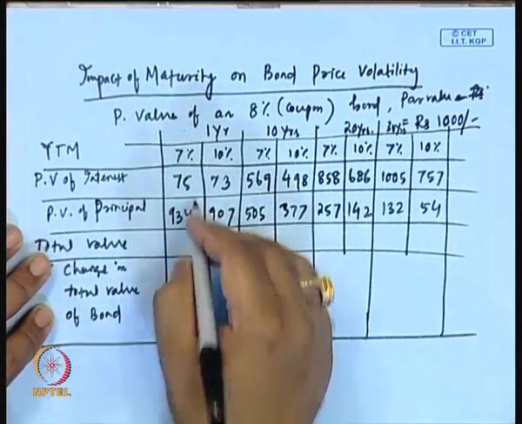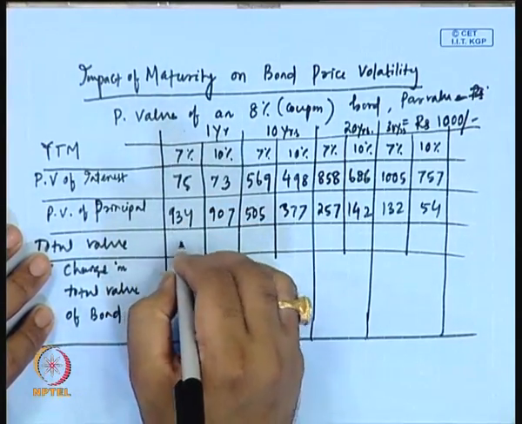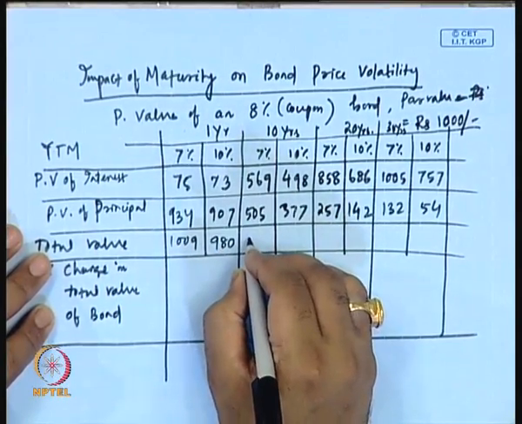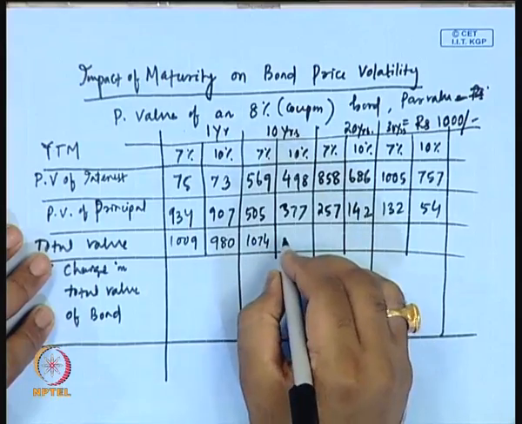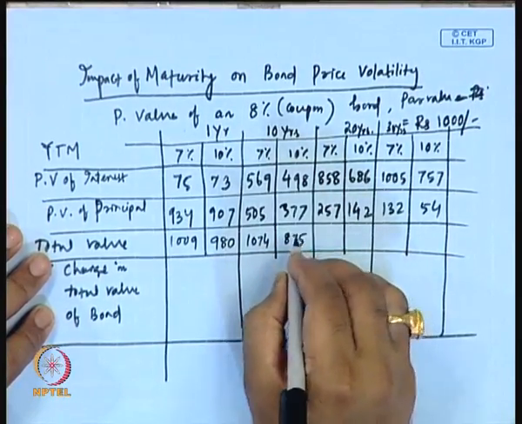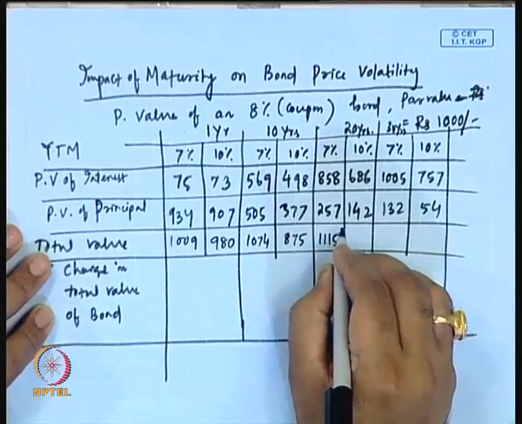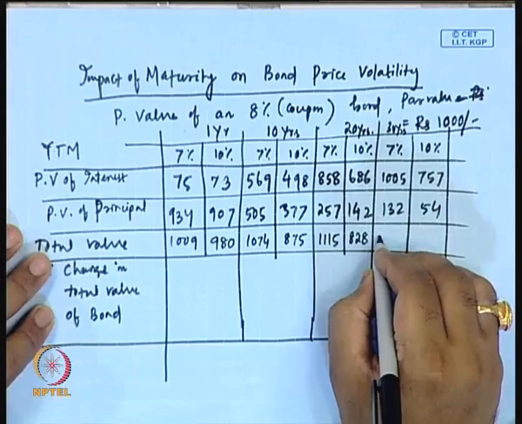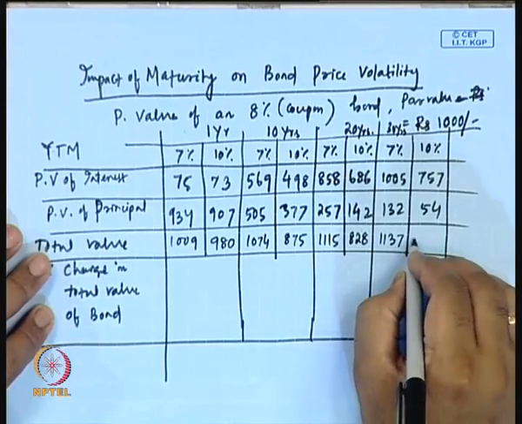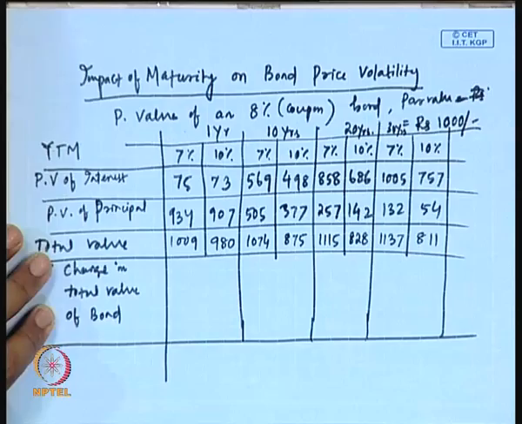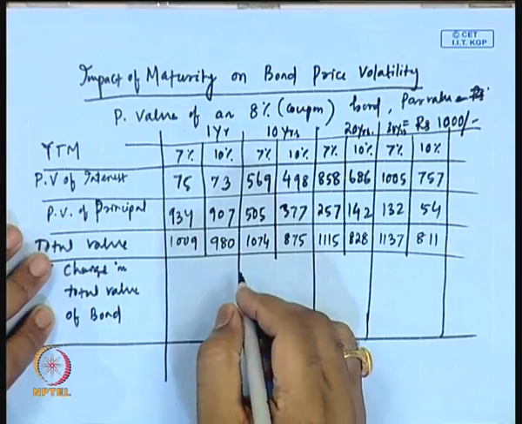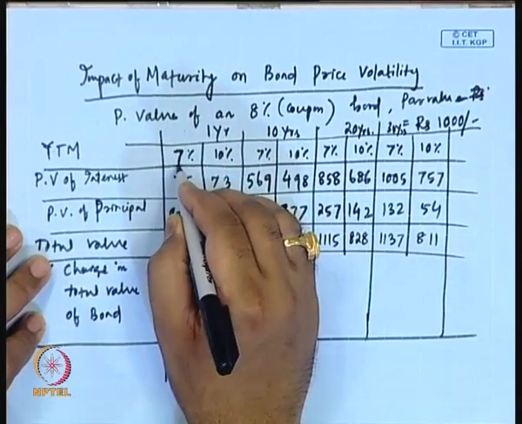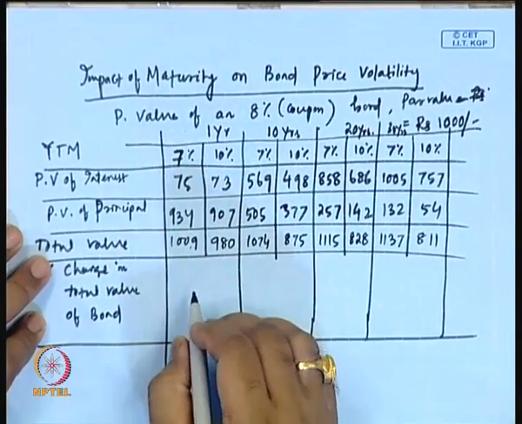If you calculate the total value, this plus this, it will give you 1009, this will be 980, this will be your 1074, this will be 875, this will be 1115, this will be 828, this will be 1137, this will be 811. Then, what is the change whenever the yield to maturity changes from 7% to 10%?